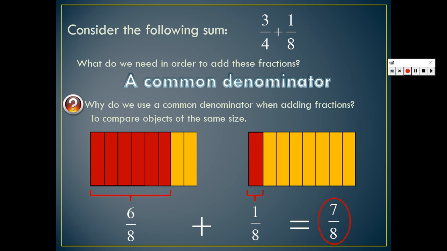And the mysterious thing we do is we add the numerators, 6 plus 1 is 7, but we keep the denominator the same. And if fractions have been difficult for you in the past, you should write that sentence down. To add fractions, we add the numerators and keep the denominator the same. That is a powerful, powerful sentence that will help you survive adding fractions and multiplying fractions, those two things.